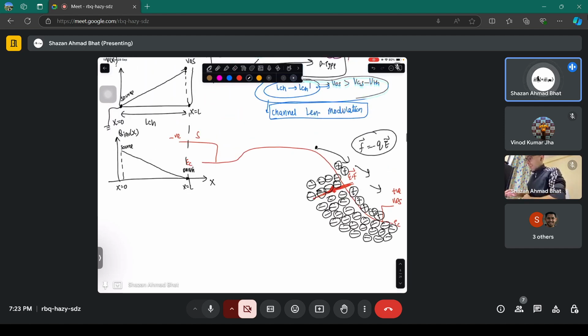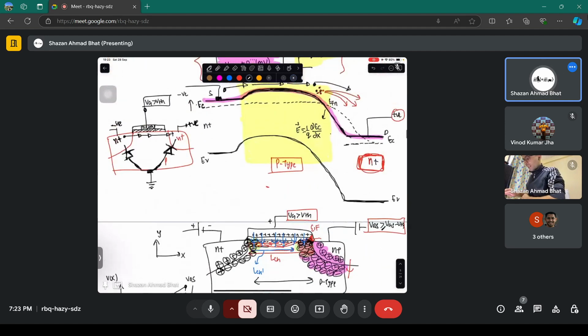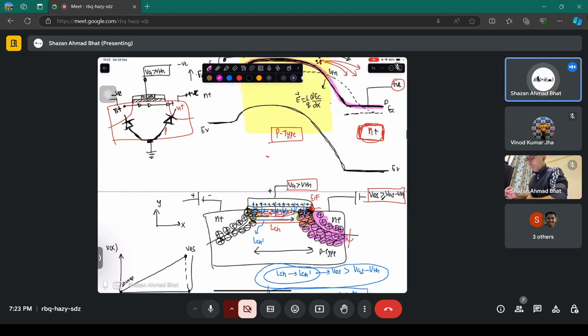So now this was the basic overview of it. It's in fact deeper than this, and the main important thing is that these particular diodes are always reverse biased with respect to each other, so that current should not flow in this particular direction.